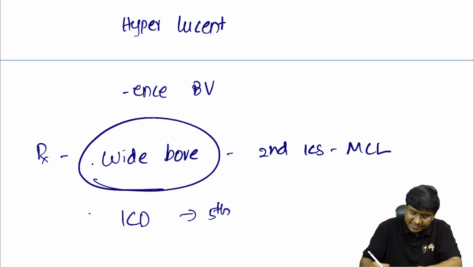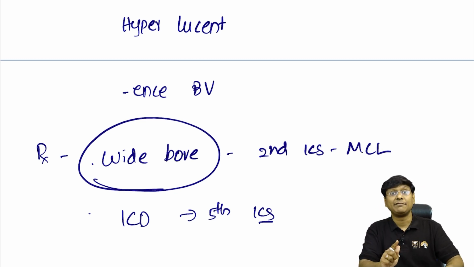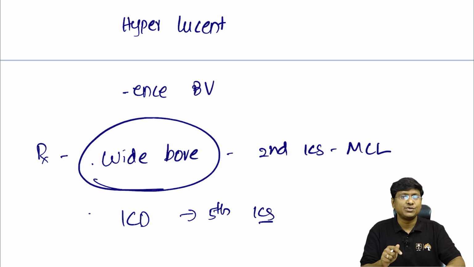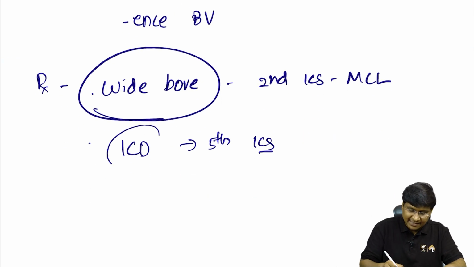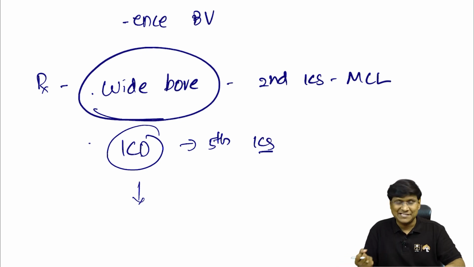The ICD is placed in the fifth intercostal space and has to be pushed up to the level of the apex. The ICD is connected to an underwater seal in order to ensure that the air is completely aspirated out from the pleural space, and that is the treatment for pneumothorax, right?